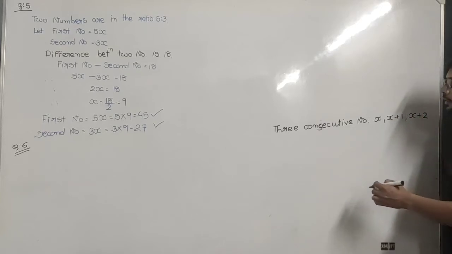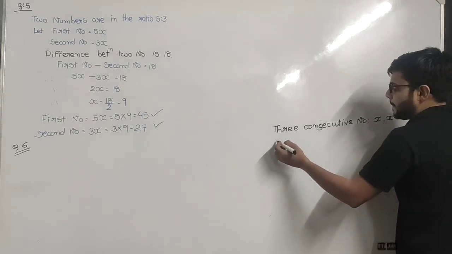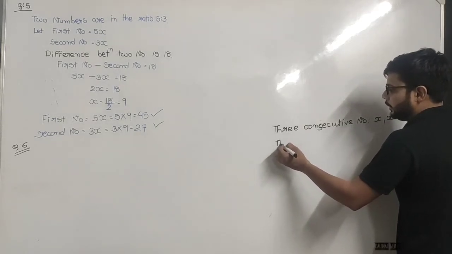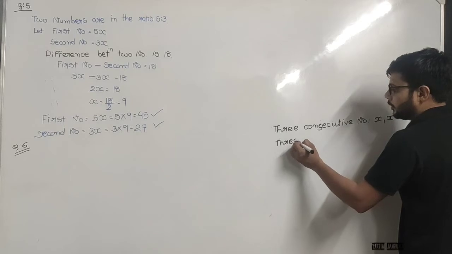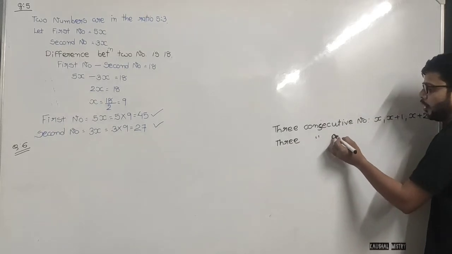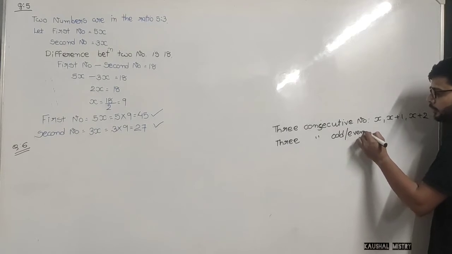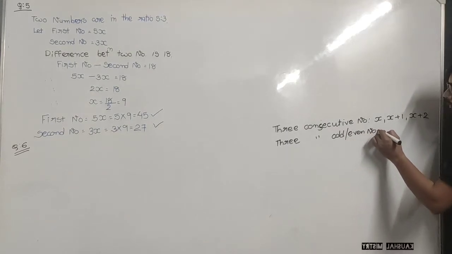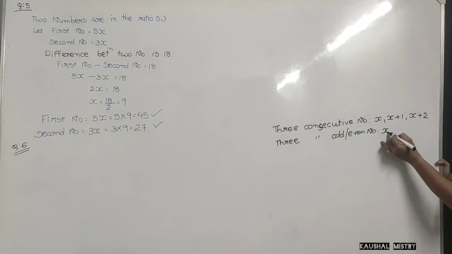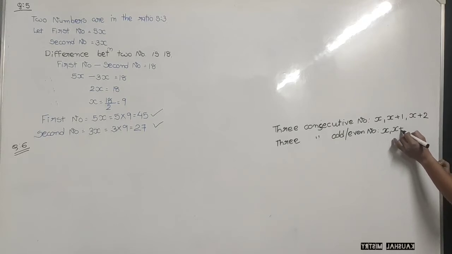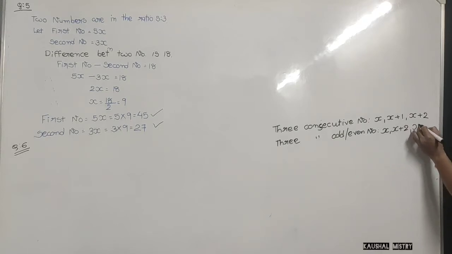If it says 3 consecutive odd, or you can say even numbers, then you have to choose x plus 2 and x plus 4, right?